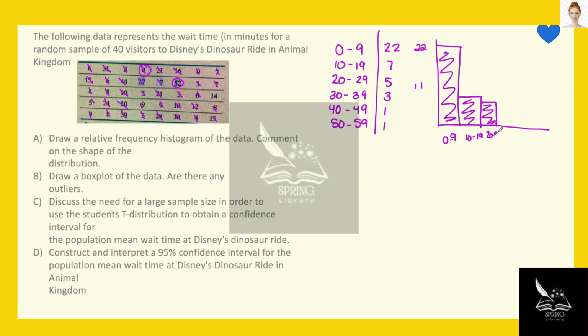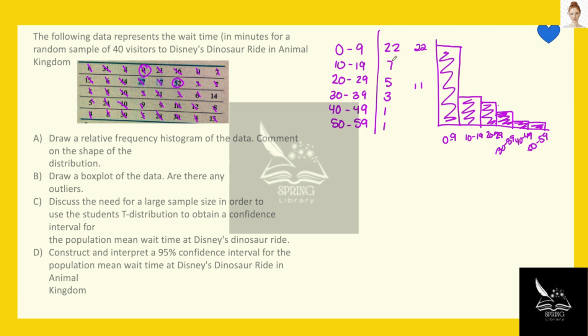Then 30 to 39 would be about here, then 1, and then 1. There we go, 40 to 49 and 50 to 59. That's what a frequency histogram would look like.